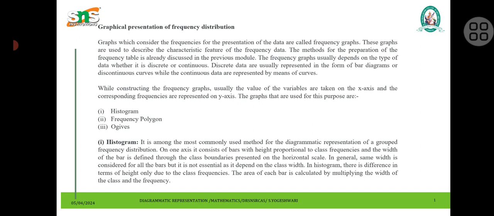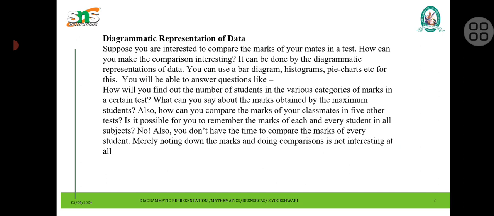In general, the same width is considered for all the bars, but it is not essential as it depends on the class width. In a histogram, there is a difference in height due to the class frequencies. The area of each bar is calculated by multiplying the width of the class and the frequency.